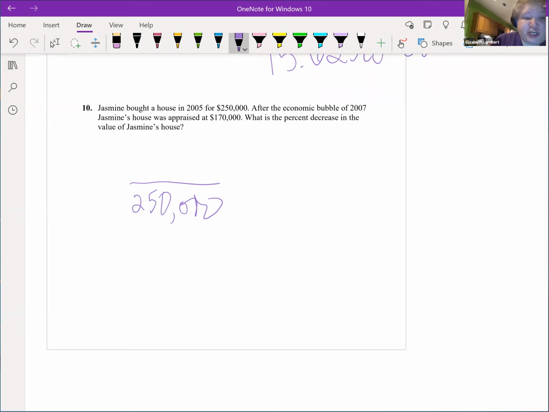And then we want to do the change between those. So 250,000 minus 170,000 times 100%.